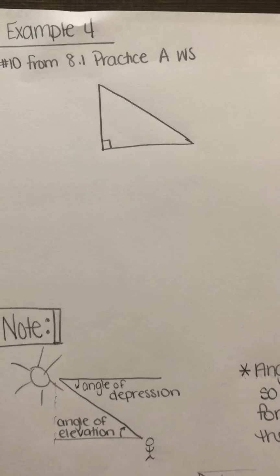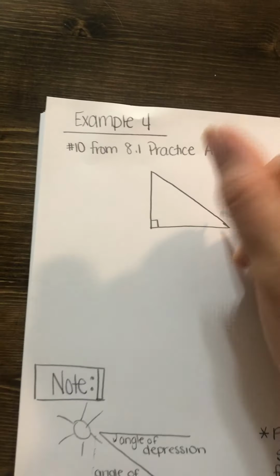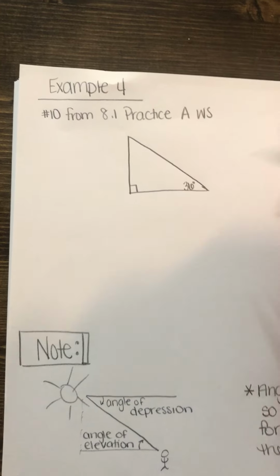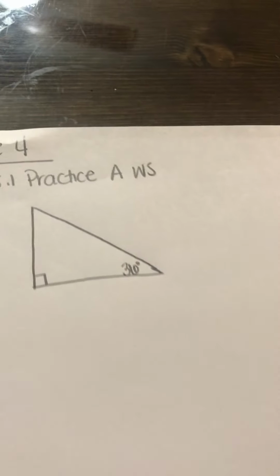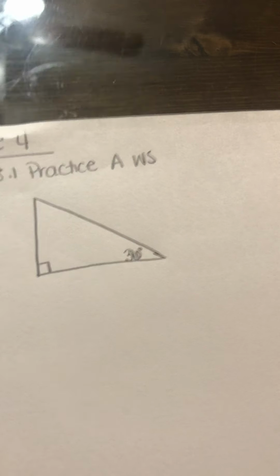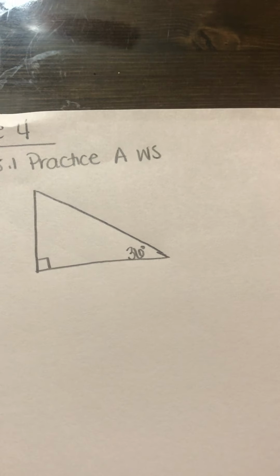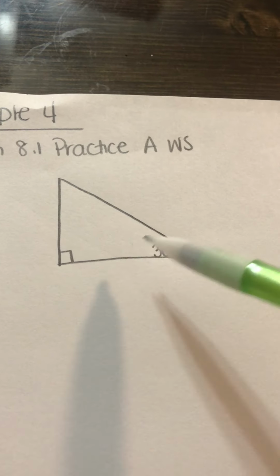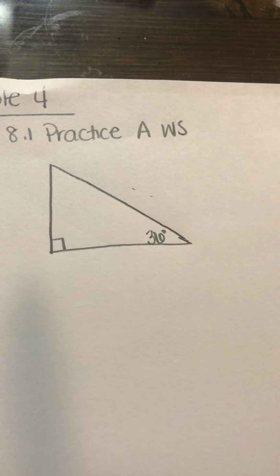Now it says the angle of elevation is 36. So even if it said the angle of depression, we would always put it down here. So 36 degrees. And it also tells us that the rope is 80 feet long. So if the rope is 80 feet long, you have to determine which side that's going to be.